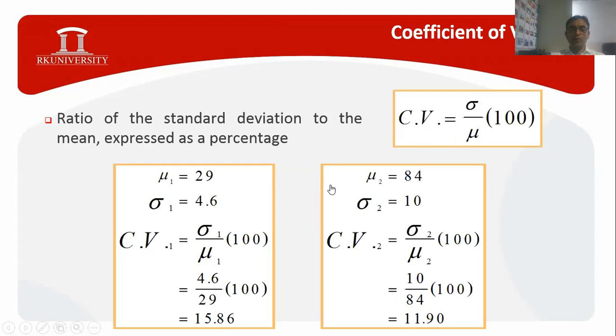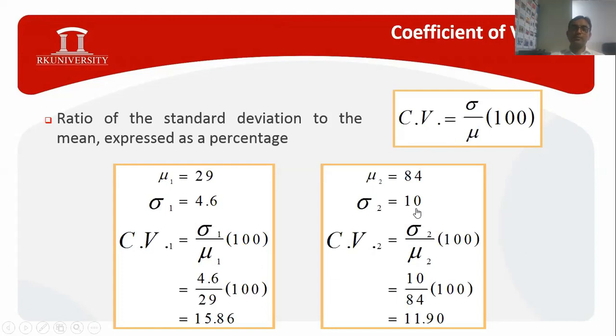So here I have two data sets, A and B, which have been collected from two different populations. We can see that for data set A, the mean is 29. For data set B, the mean is 84. Whereas the standard deviation for data set A is 4.6 and the standard deviation for data set B is 10. Right?